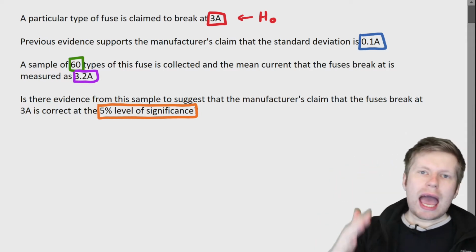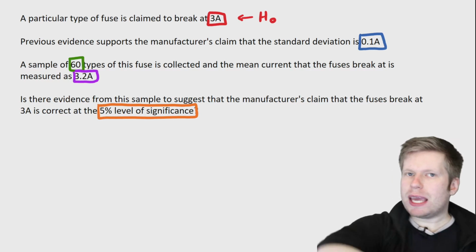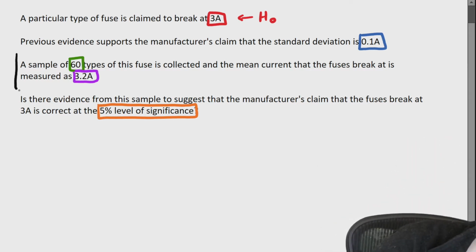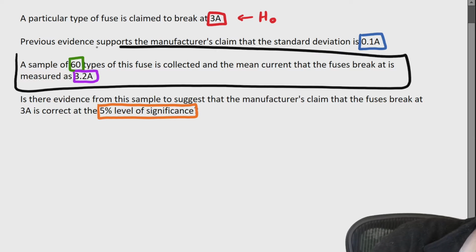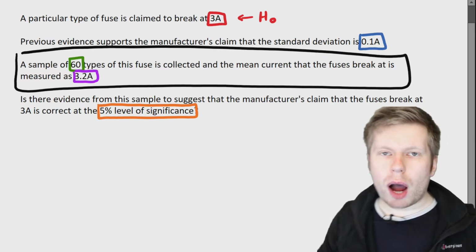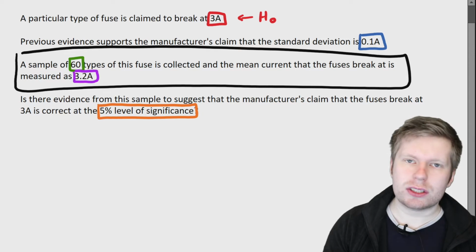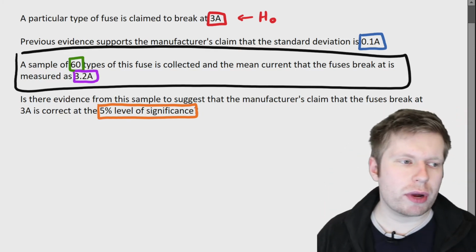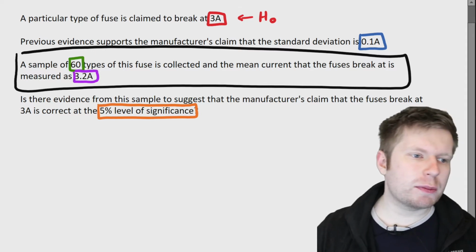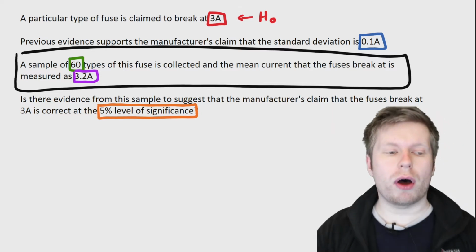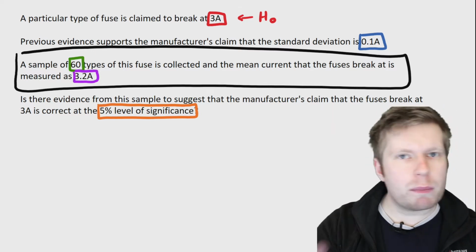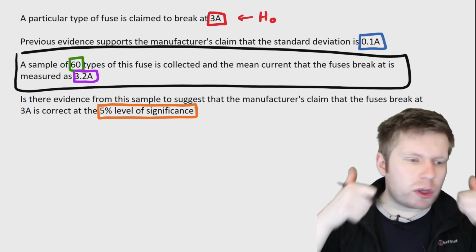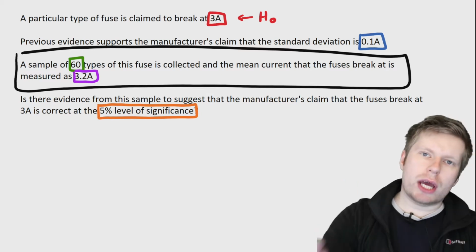Anything above 5%, any p-value above 5%: if the probability of obtaining this sample, given that the null hypothesis is true, in other words the fuses do genuinely break at 3 amps, is more than 5%, like 10%, 12%, 13%, 70%, anything more than 5%, we're saying there's not enough evidence to reject the null hypothesis.